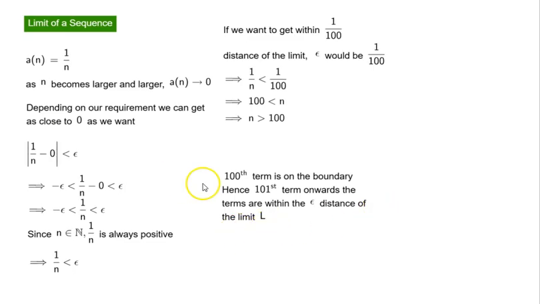Now let's look at it graphically. Let's say this is 0, which is our limit for this particular sequence, 1 by n. And let's graph the terms of the sequence. So this is the first term, 1 by 1. Second term, 1 by 2, 1 by 3, 1 by 4, and so on. And we can see it gets closer and closer to 0.